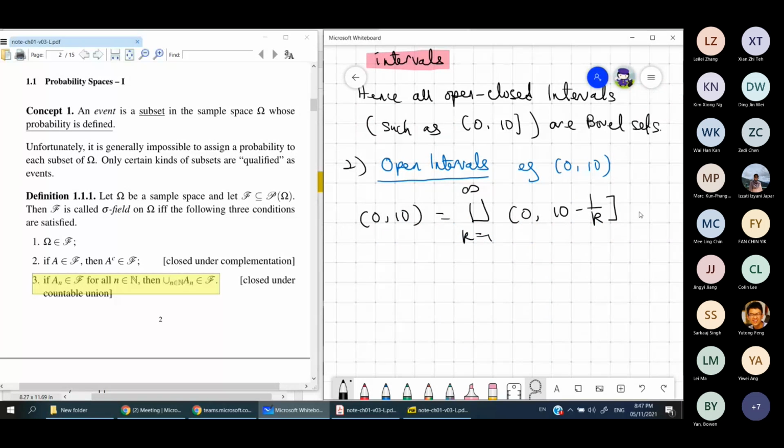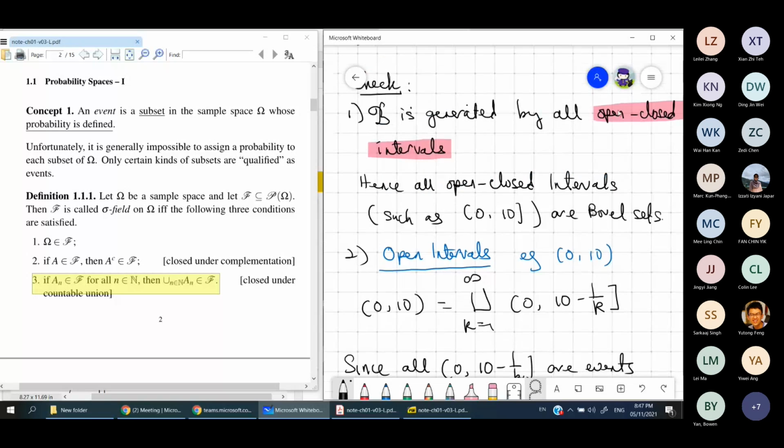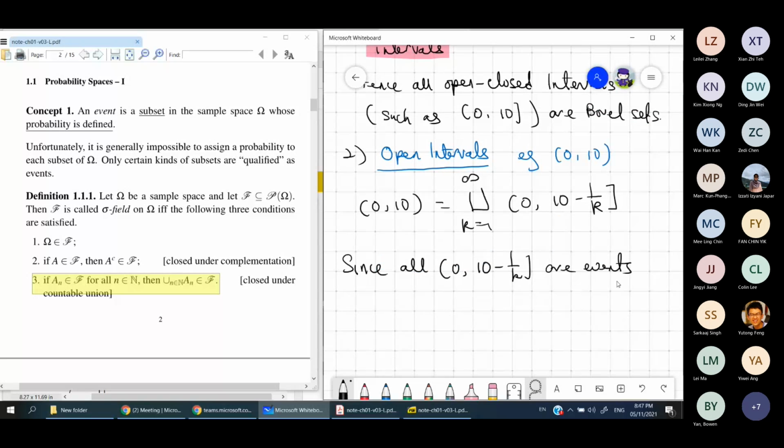Now, since all these are events, because all open-close intervals are events, based on the constructions here, then by using these properties we can conclude that 0 to 10 is also an event. This is directly by using definition 1.1.1 part 3.